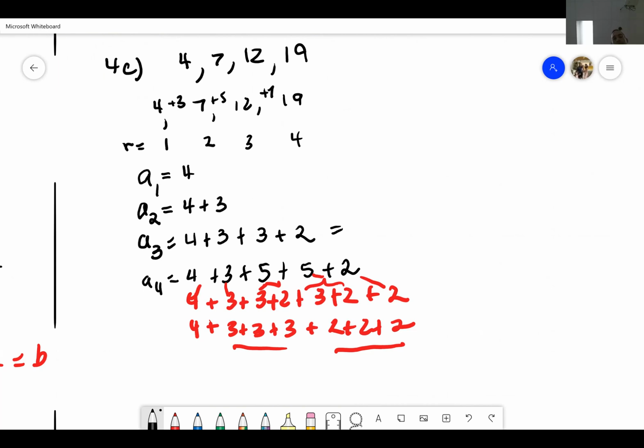So you see the second one, where this one was 4, this one was 7, and this one was 12, right? 4 plus 3 is 7, 7 plus 3 is 10. So really, isn't this 4 plus 3 plus 3 is 6 plus 2 is 8? So this one here really was 4 plus 8. And this one here was 4 plus, well, 5 plus 3 is 8, plus 5 is 13, plus 2 is 15. So it's 4 plus 15.